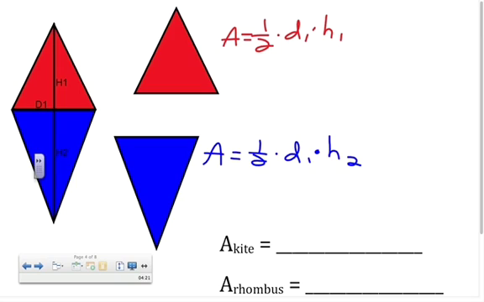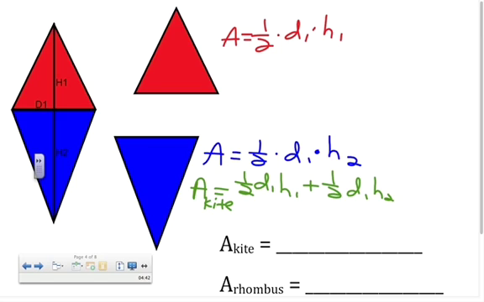So when I take these two areas and add them together, the area of the kite, this isn't my formal formula yet, is 1/2 d1 h1 plus 1/2 d1 h2.